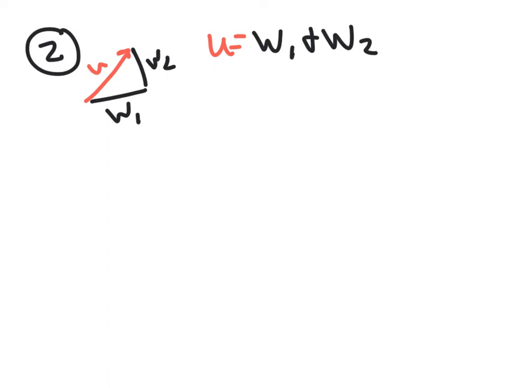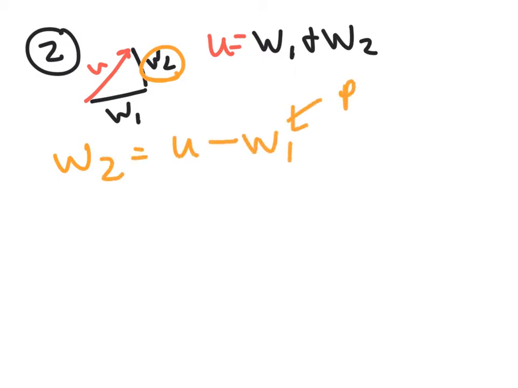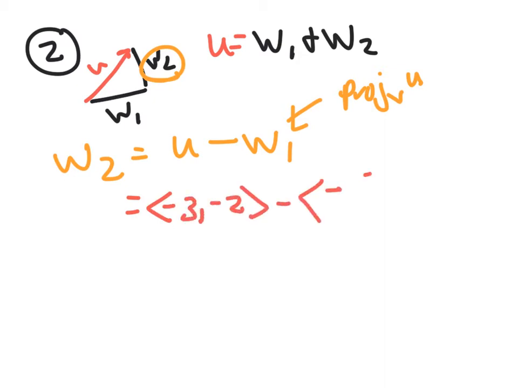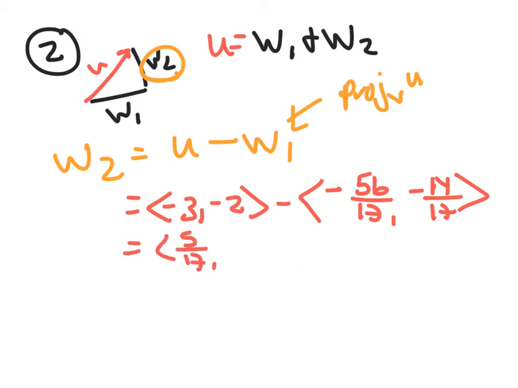If I want to find this W2, I have to do the U that I already know minus that W1, which was your projection of U onto V. My U was -3, -2. My W1 that we found, or my projection, is -56 over 17, -14 over 17, which gives me 5 over 17, -20 over 17, if you do your math.